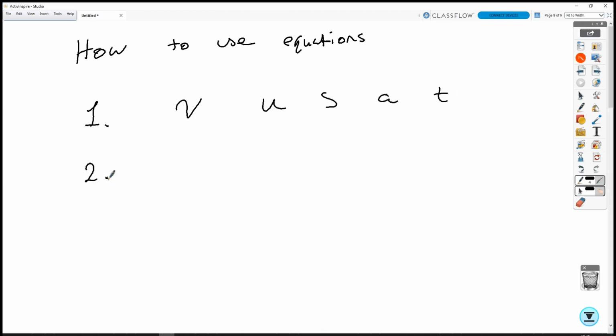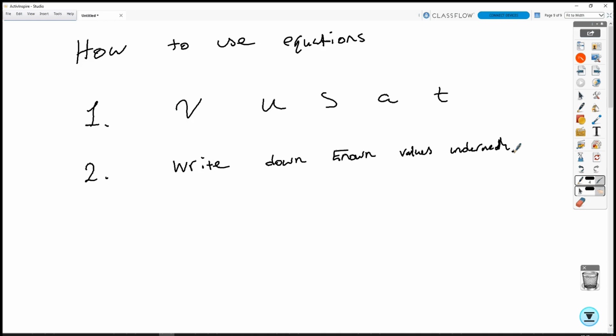Step 2 is to write down known values from the question underneath each letter. So the question will give you some of these values. So write down known values underneath.